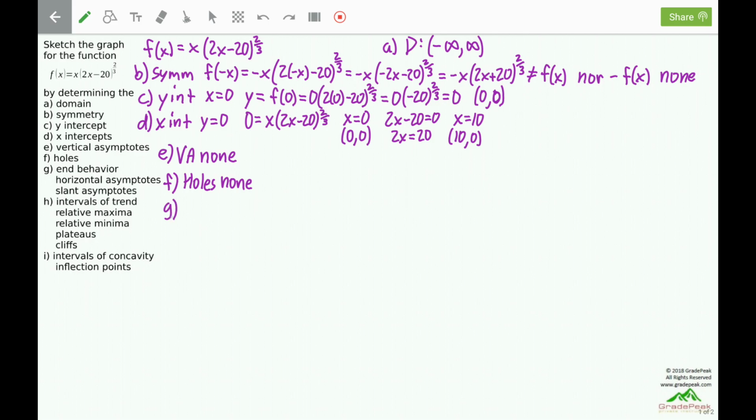For part G, we want to determine the end behavior, any horizontal asymptotes or slant asymptotes. f of x is a polynomial term times a positive fractional exponent. There is no denominator, so there will be no horizontal asymptotes or slant asymptotes. But since we have a polynomial times a polynomial raised to a fractional exponent, it will have left end and right end behaviors.